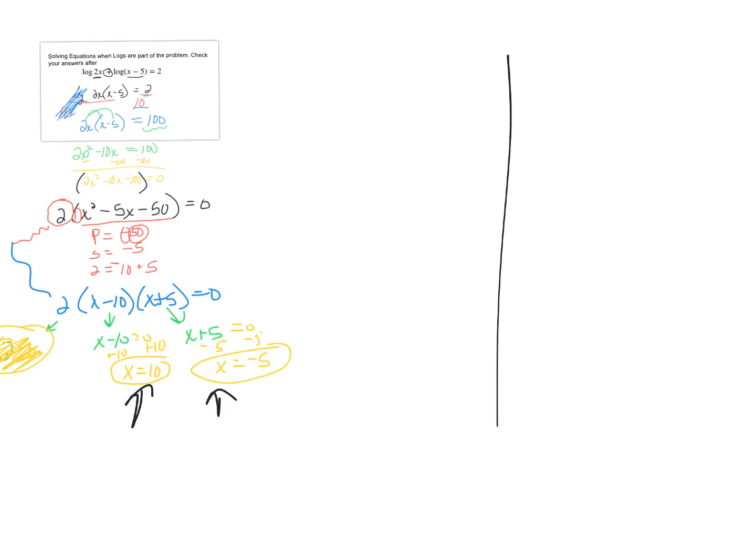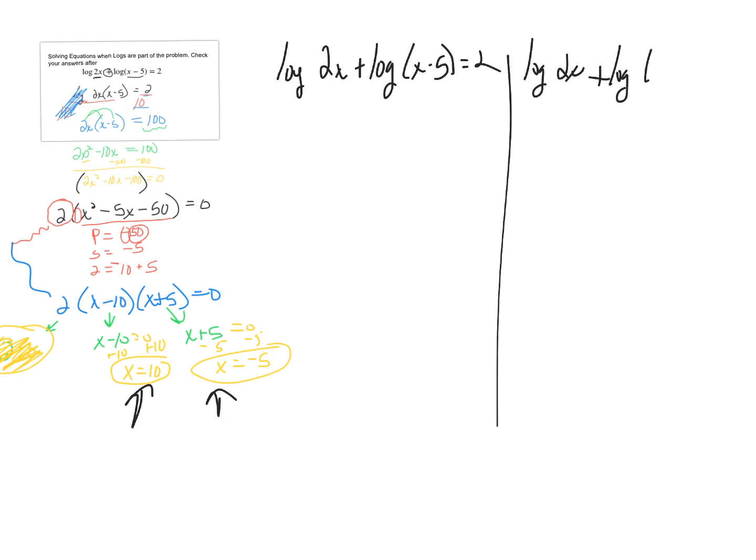So I'm going to take my original problem, log of 2 to the x plus log of x minus 5 is supposed to equal 2. Now, let's start with the first one. I got 10, so x is equal to 10.